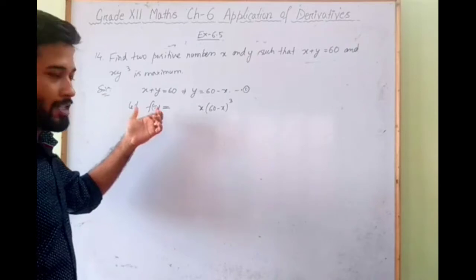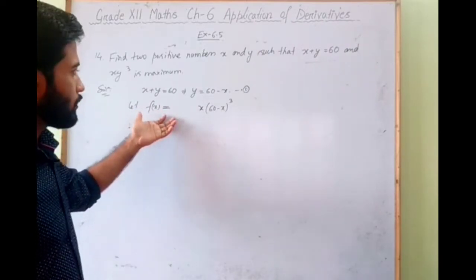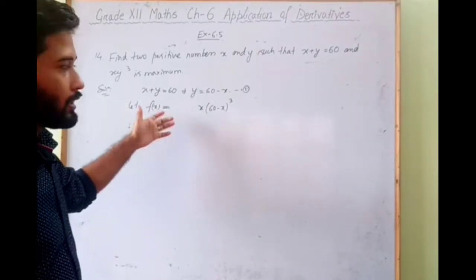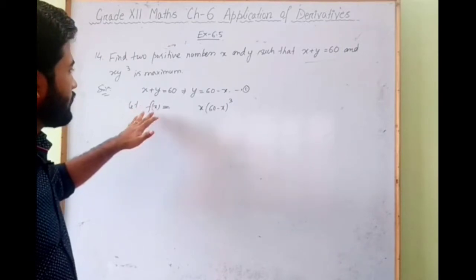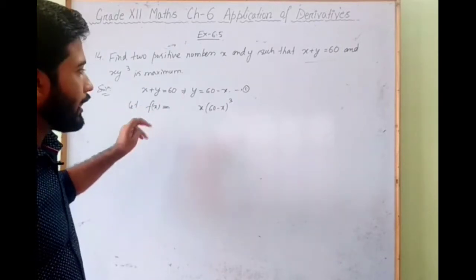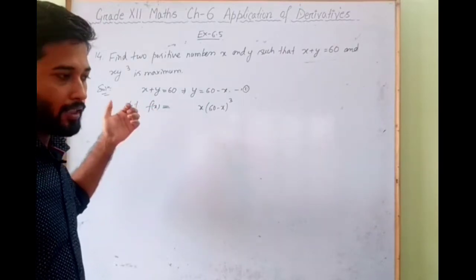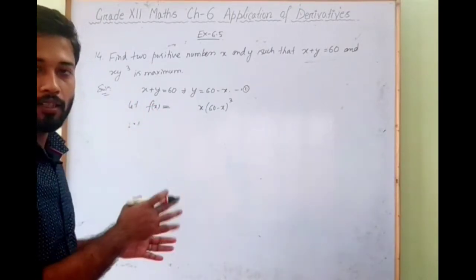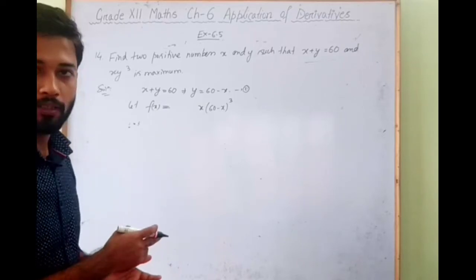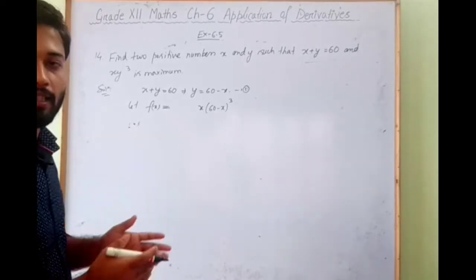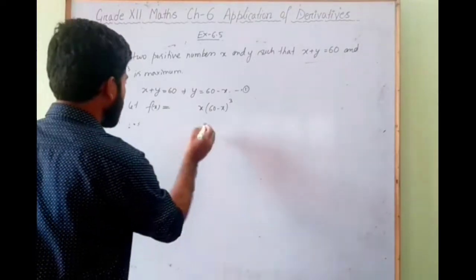Now if we want to maximize this function, or find the maximum value, then what to do? Take the first derivative of this and find the critical points. After that, take the second derivative and check the critical points at the second derivative, and check less than or greater than, and then you will get the values.